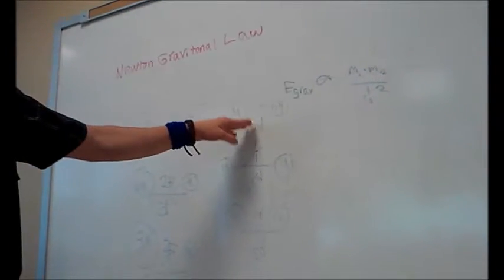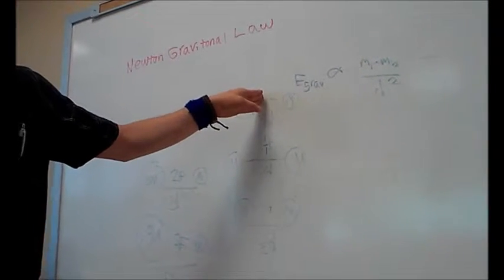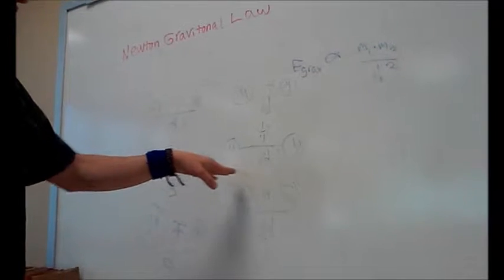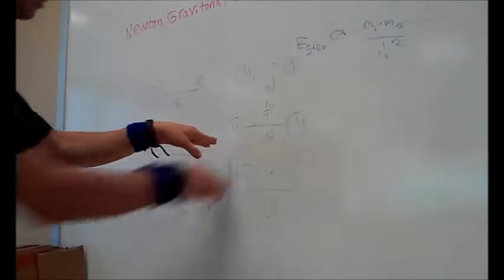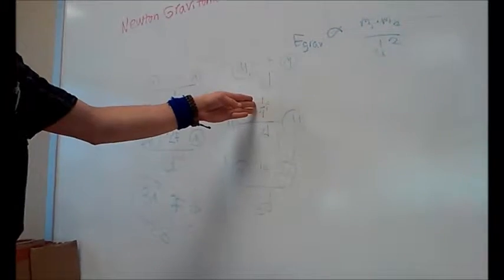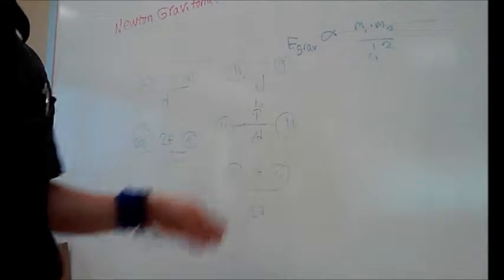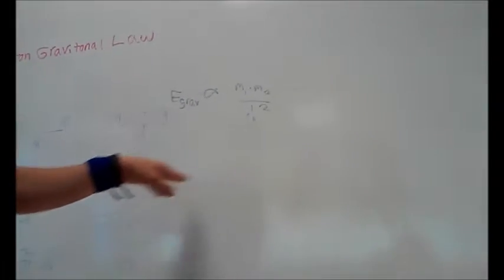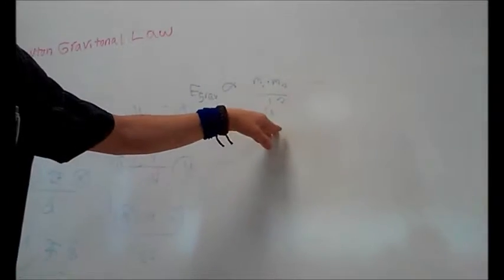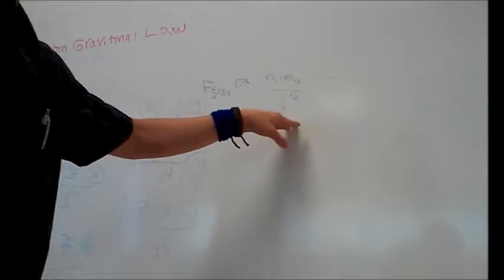We're back to our original equation with 1 over d squared equals 1/4. Now, if we increase the distance between the two to 2d, but leave the masses the same, we would get 1/4. This is because if we replace the number at the bottom, 1, with 2, and then square it, we're going to get 4.